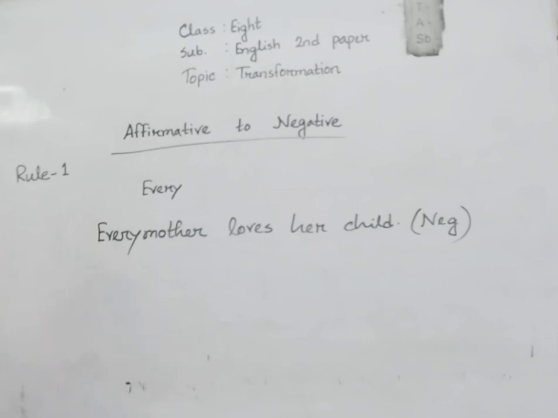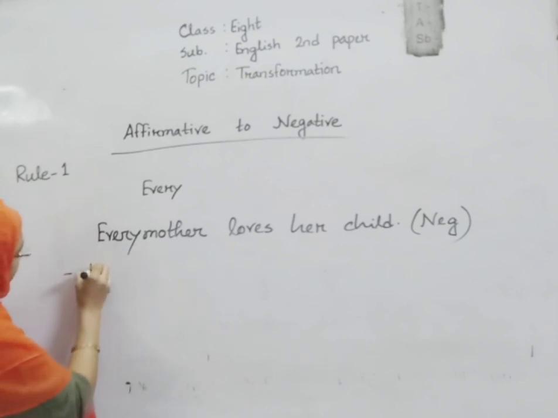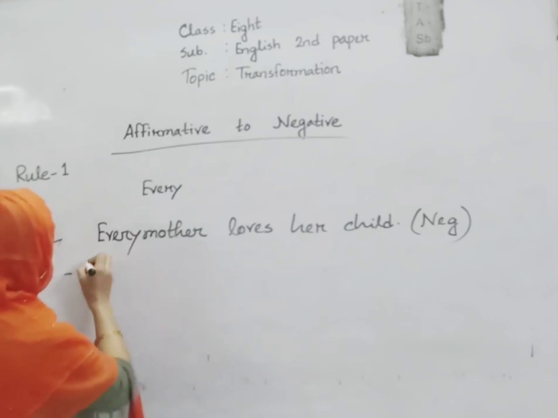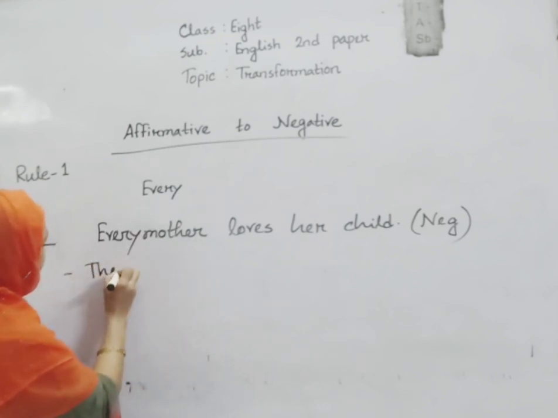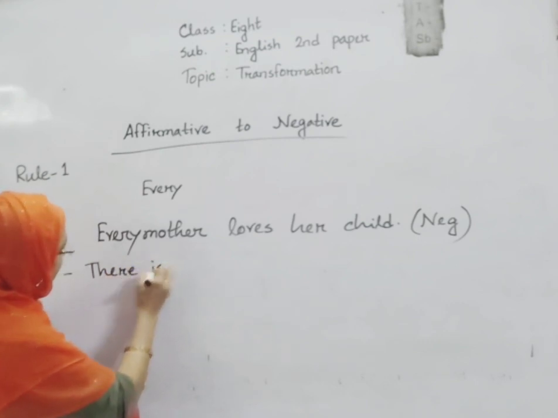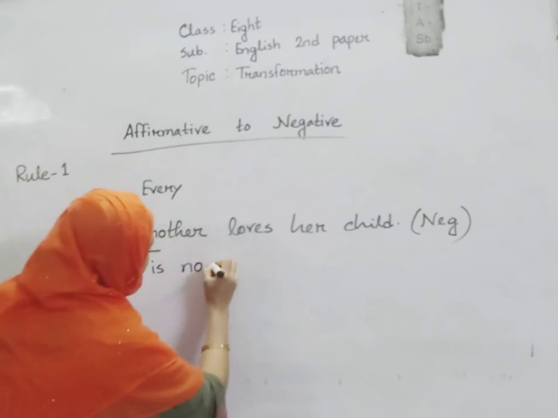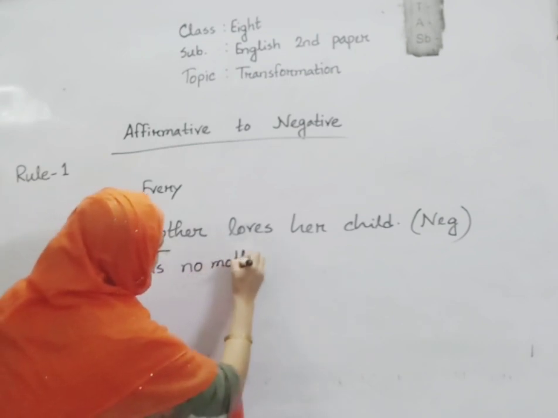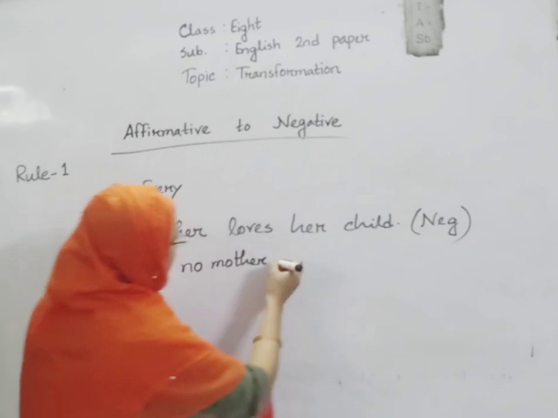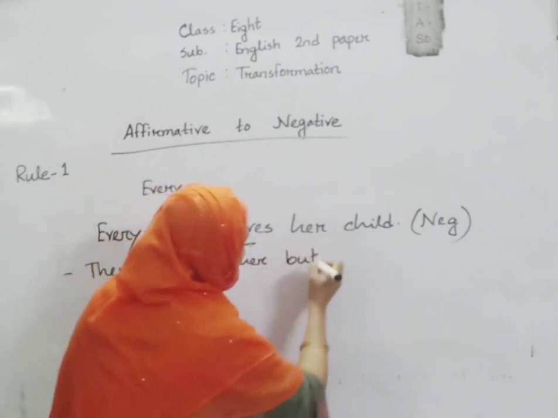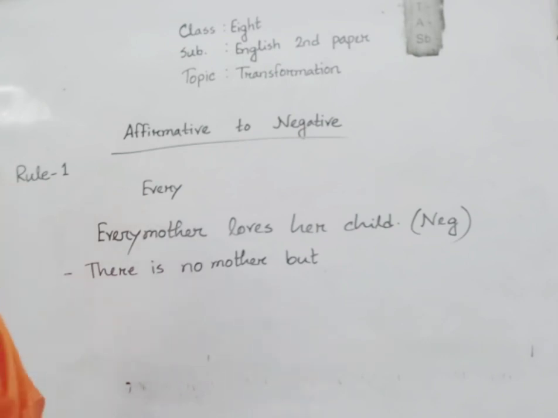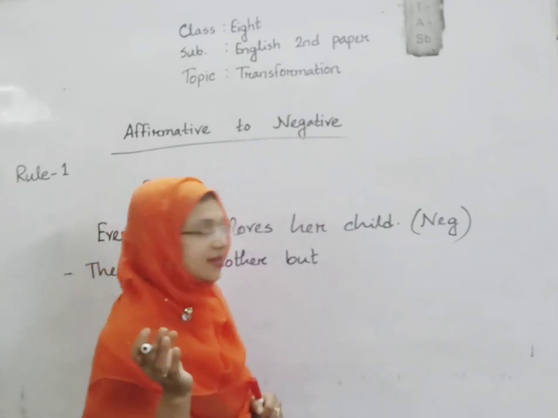If we make it negative by using the rule 1, so for every, we will write down there is no, then mother, then but, then the rest of the sentences according to the first sub-rule.